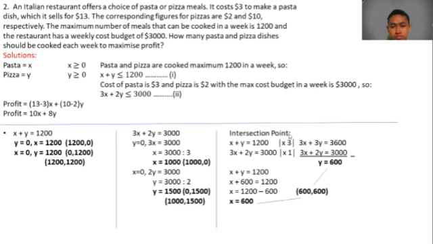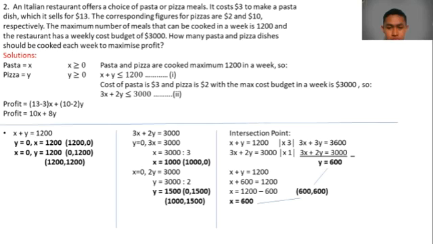And then we calculate the intersection point by eliminating the two equations, x plus y equals 1,200 eliminated by 3x plus 2y equals 3,000.